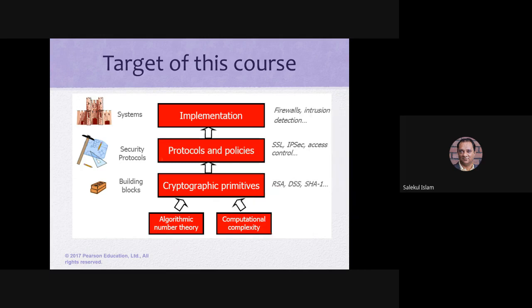So if you look at the bottom, you will find two basic blocks. The first one is algorithmic number theory. So this is our first basic, that is number theory. And the second one is computational complexity.